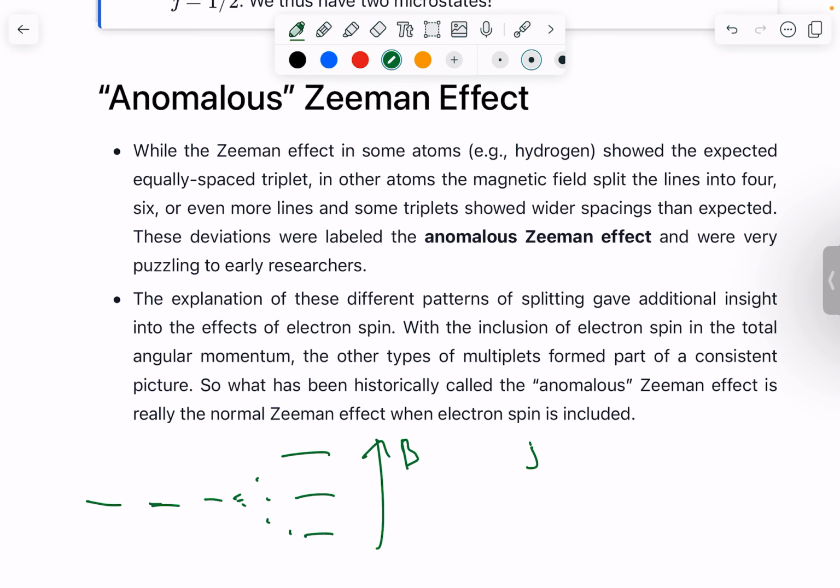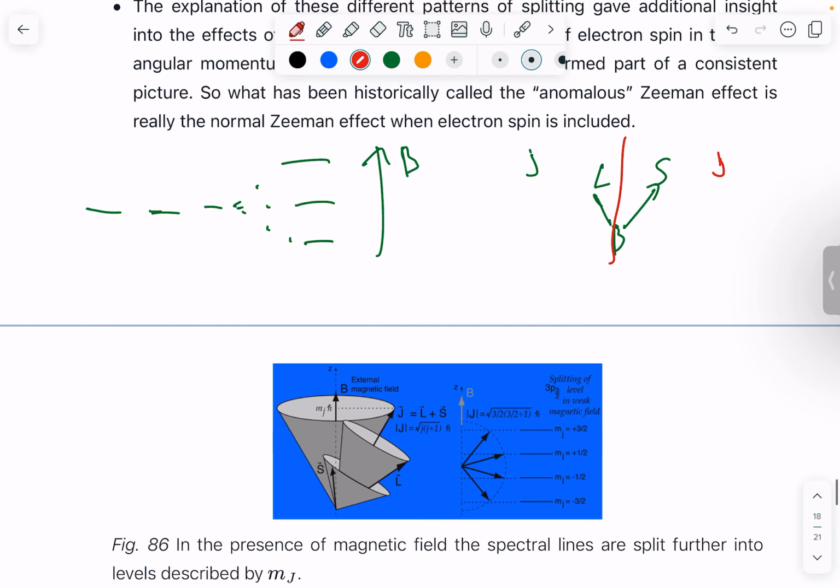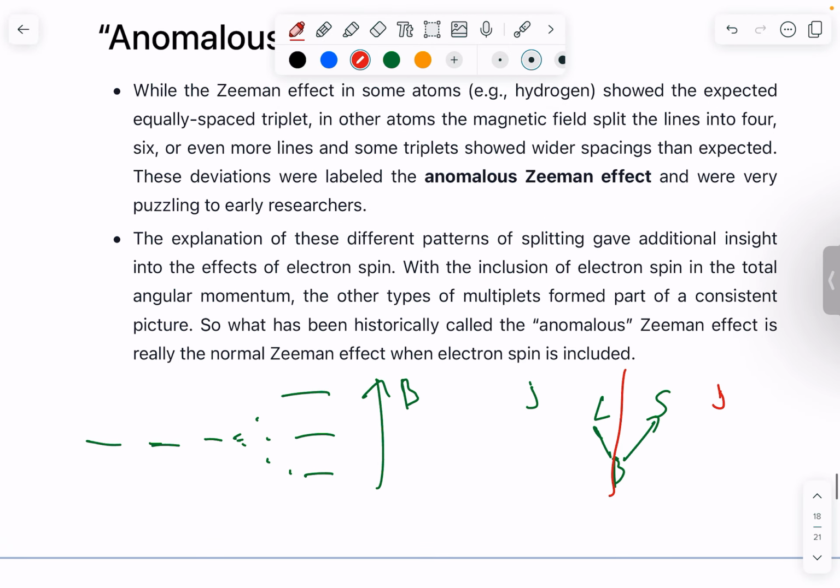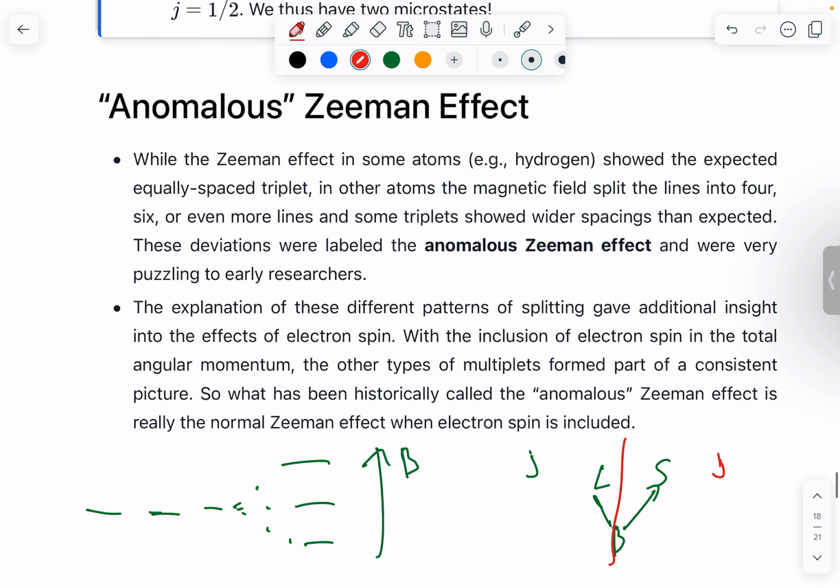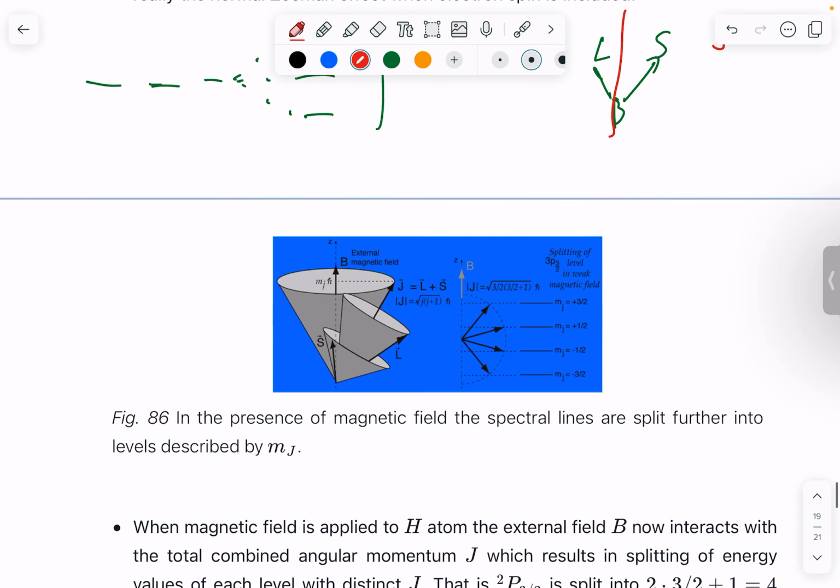But if the magnetic field is too strong, then it's going to totally dominate over L and S, and so it's going to decouple L from S. Okay, so if the magnetic field is too strong, it's going to completely separate the effect of L and S, so there will be no spin-orbit coupling, and you can throw the total angular momentum J into a trash bin and ignore the spin-orbit coupling. So this effect is pronounced only when you have a weak magnetic field or no magnetic field, and is known as the anomalous Zeeman effect.